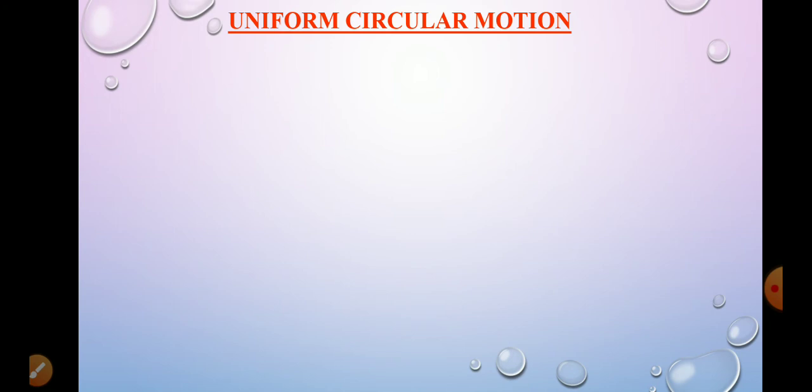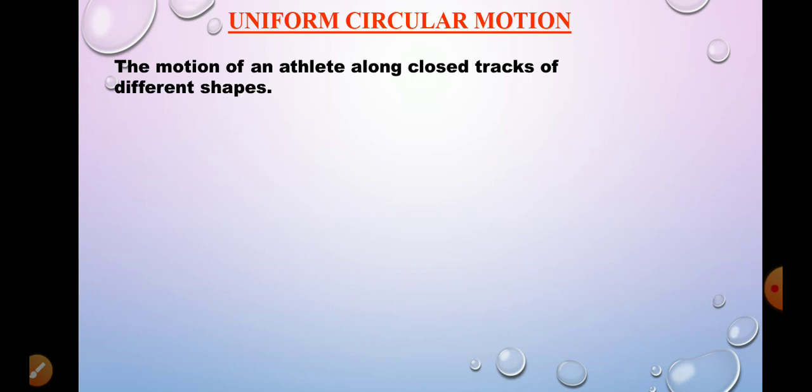So let us give an example. Let us consider the motion of a body along a closed path, the path of an athlete along a rectangular track. The motion of an athlete along closed tracks of different shapes, first I will consider a rectangle.